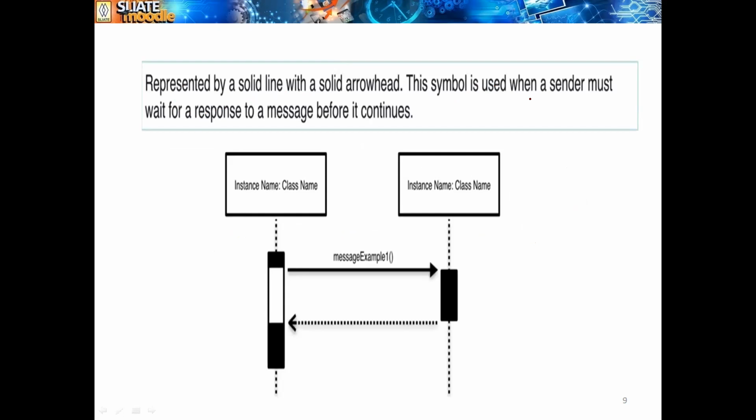This symbol is used when the sender must wait for a response to the message before it continues. You can see the message sent, and the sender needs to wait during this time. Then the message comes back. This we also call a return message.